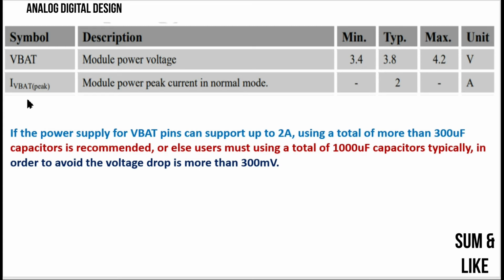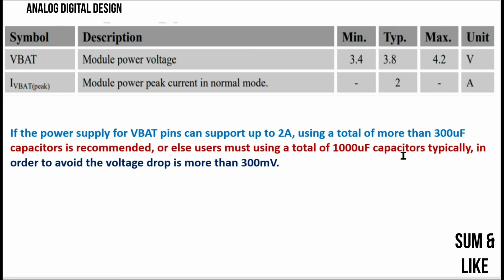So during the design, the power supply needs to provide more than 2 ampere, around 2.5 ampere or 3 ampere. We also use more and more capacitors, minimum around 300 microfarad, or maximum we can use 100 microfarad also.